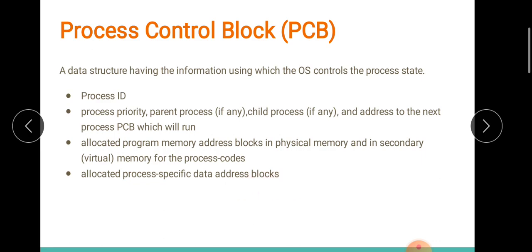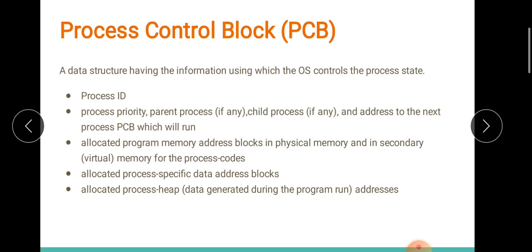I hope it is clear from the sentence itself. The process specific data address blocks have access to all the addresses allotted for the data which the process needs, just for that particular process. Process 1 needs a set of address blocks in registers A, B, C. So that information is included in your PCB. It also includes the process heap.